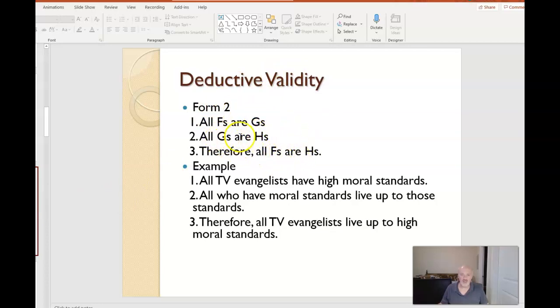Here is another form. If all F's are G's and all G's are H's, therefore all F's are H's. This is just like the hypothetical syllogism, except in this case, the variables, the F's and G's, are nouns. So this is what's known as categorical logic that's described in the book.